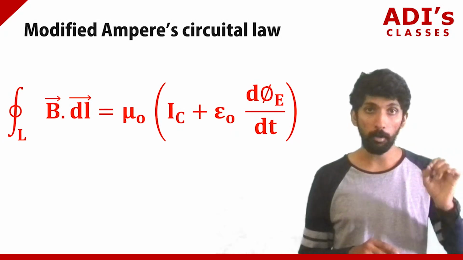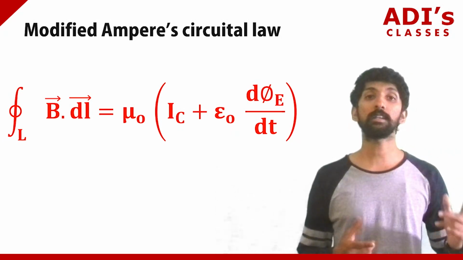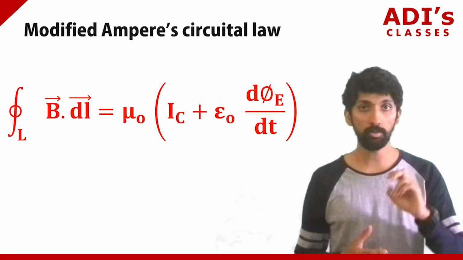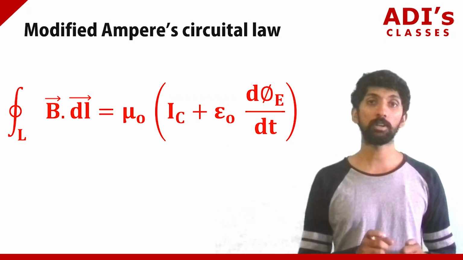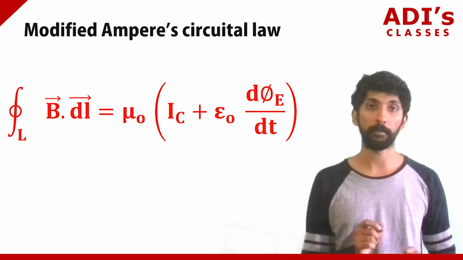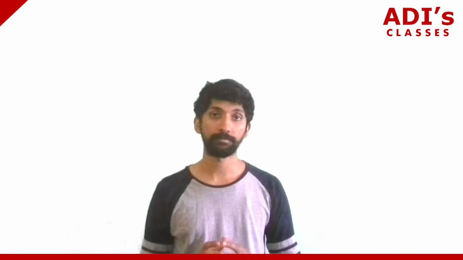So our modified law becomes the integral of B dot dl is equal to mu naught into IC plus epsilon naught into d phi by dt. This is what we have as the Ampere-Maxwell circuital law.